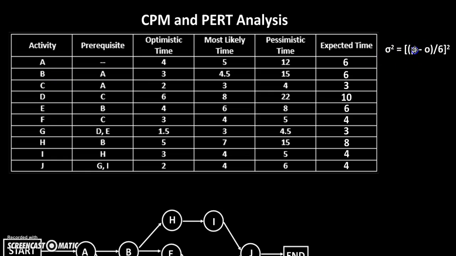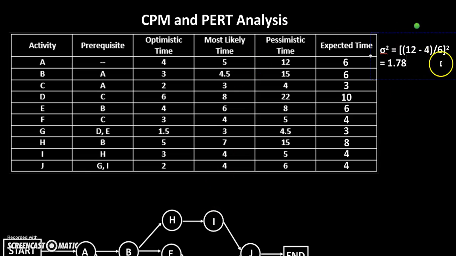Activity A becomes the pessimistic, which is 12, minus the optimistic, which is 4, and when we do that, let's install the superscript, we end up with 1.78 as our variance.